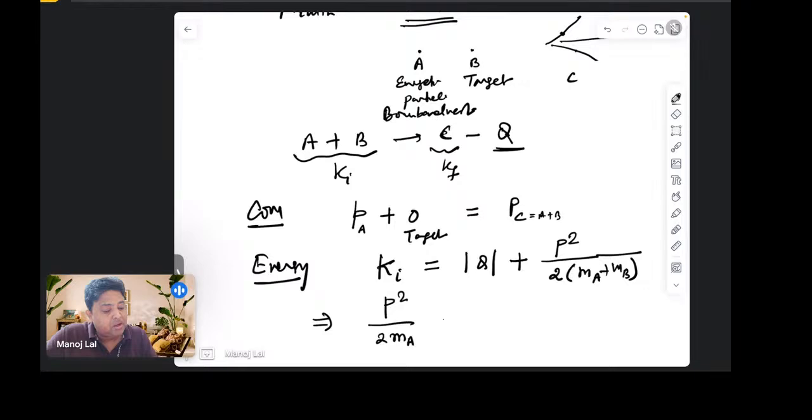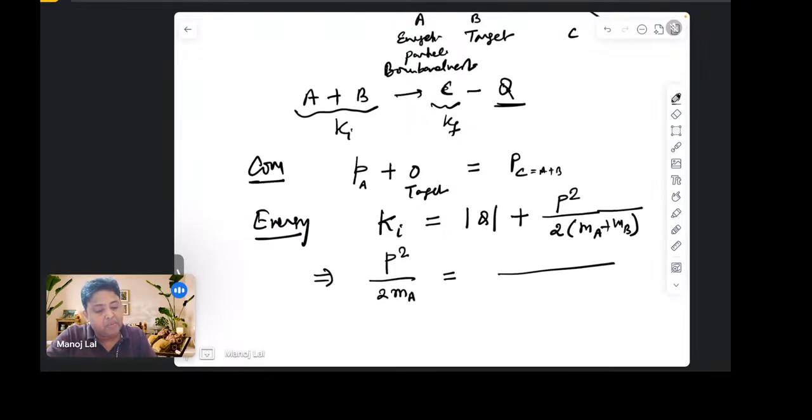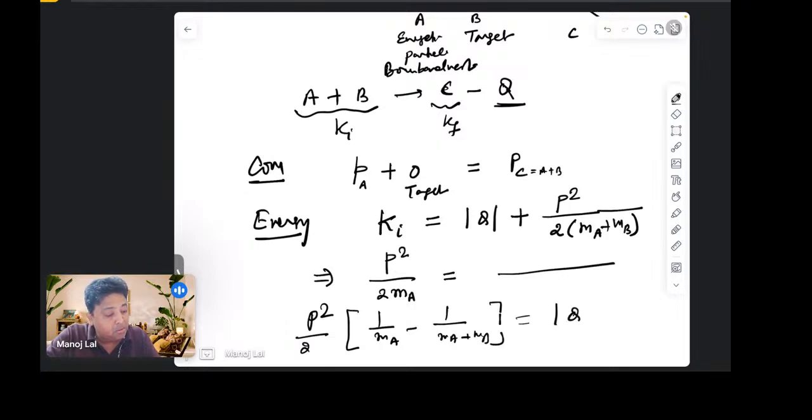So this is equal to this value. Then if I bring this to this side, it will be P square by 2M times (1 by MA minus 1 by MA plus M), and is equal to mod Q.